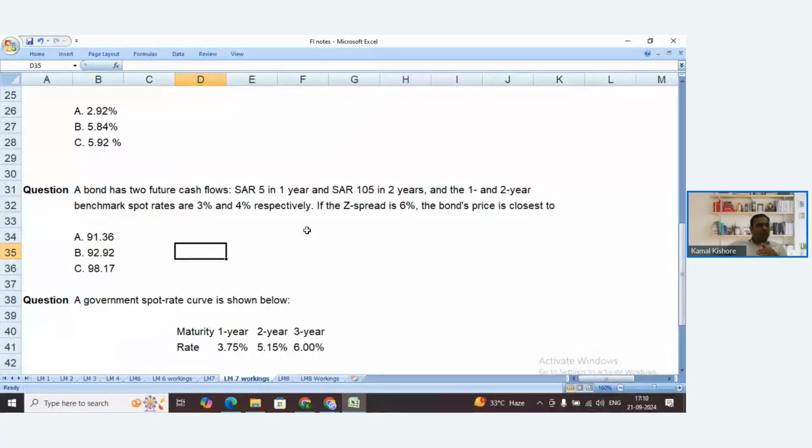For the year 2 cash flow, I will use the year 2 discount rate. Add the spread to that. So what will be my effective year 1 discount rate? 3 plus 6 and 4 plus 6.